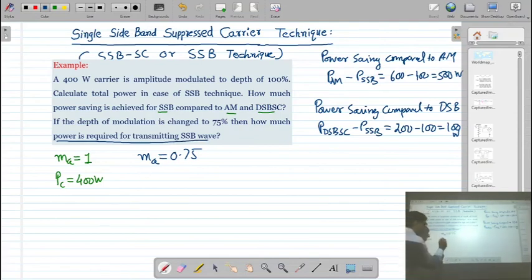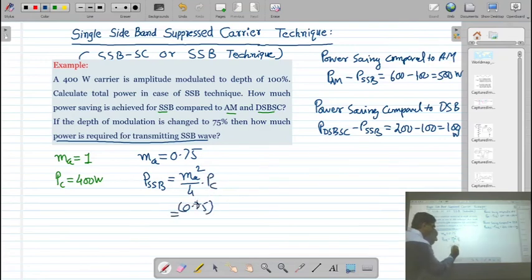So that PSSB is given by Ma square by 4 into Pc. So 0.75 square divided by 4, and what is the power of the carrier wave? It is 400.